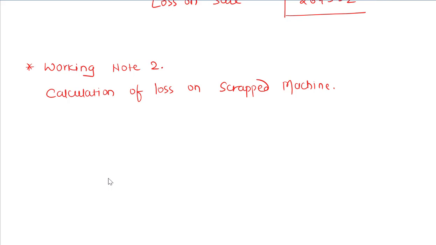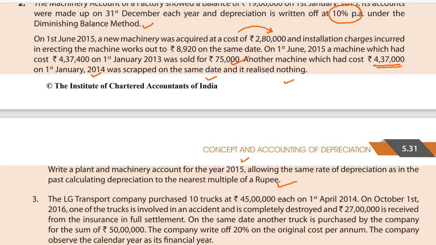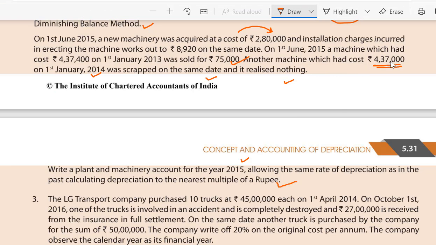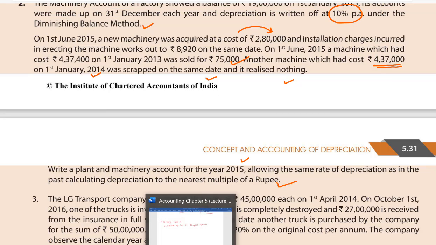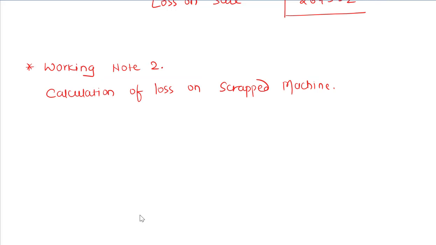The machine had cost 4,37,000 on 1st January 2014, was scrapped and realized nothing. Cost on 1st of January 2014, 4,37,000.